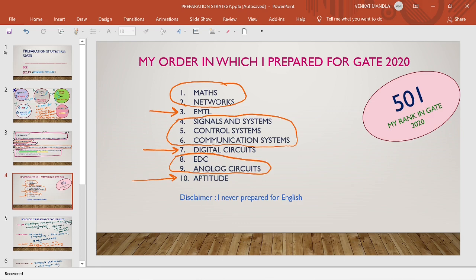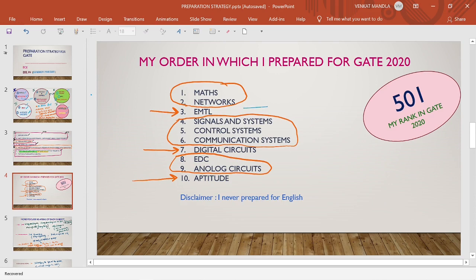Okay, so I have put this EMTL subject at the top. Why? Because I feel it is a very easy subject for me. Some of you feel this is a difficult subject, but I will discuss this.